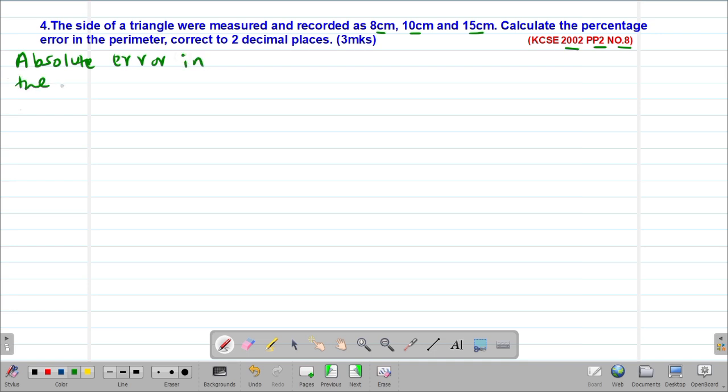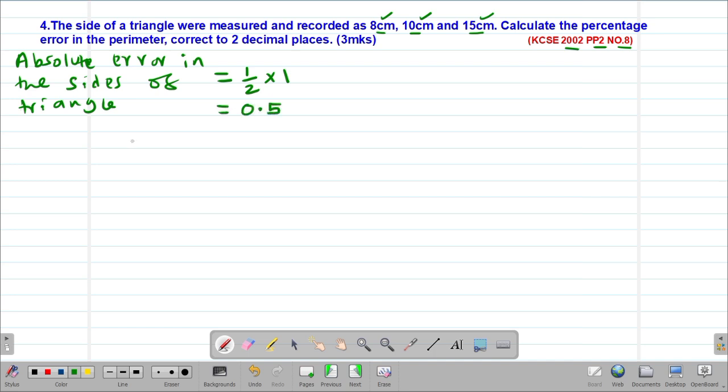Since all the given dimensions, that is 8 cm, 10 cm, and 15 centimeters, are all whole numbers, the absolute error in the sides of this triangle will be given by a half of 1. Remember, when the dimensions are whole numbers, the absolute error will be given by a half of 1, which gives us 0.5.